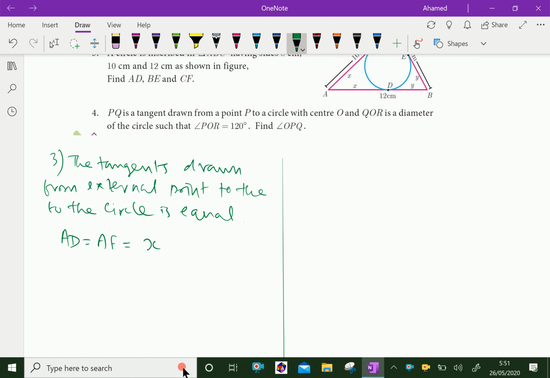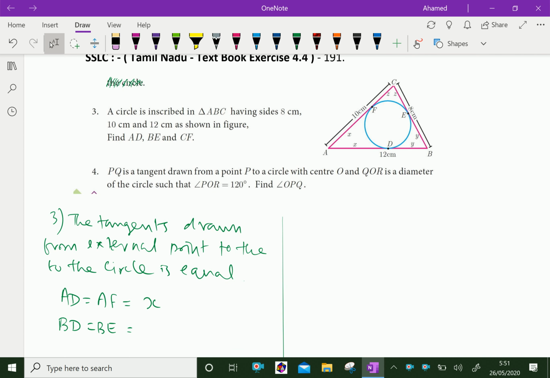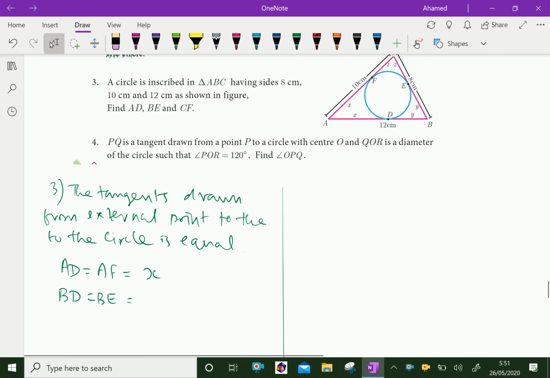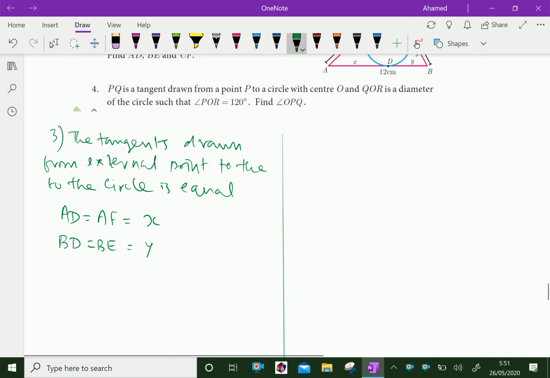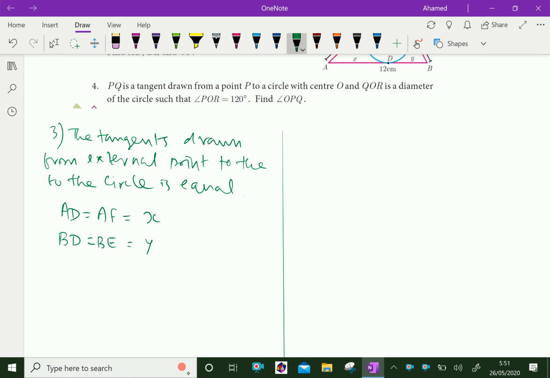Now BD equal to BE, which is y. Next CE equal to CF, which is z.